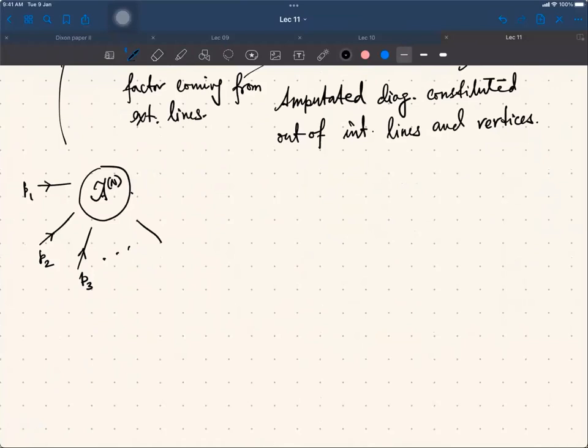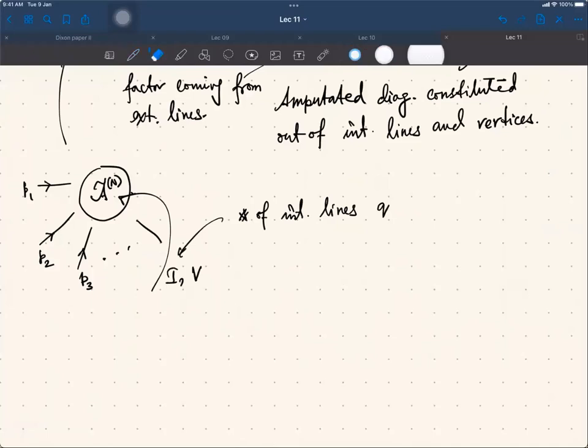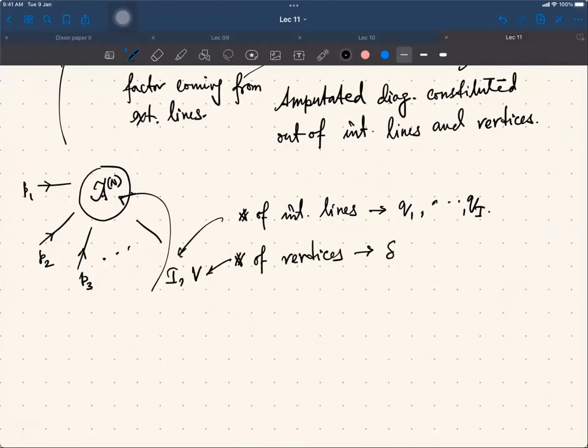Now, in this amputated diagram, there will be I and V, where I is the number of internal lines with momentum, labeled by the momenta Q1 to Qi, and V is the number of vertices, and that will give rise to V number of delta functions, each having a linear function of P's and Q's.